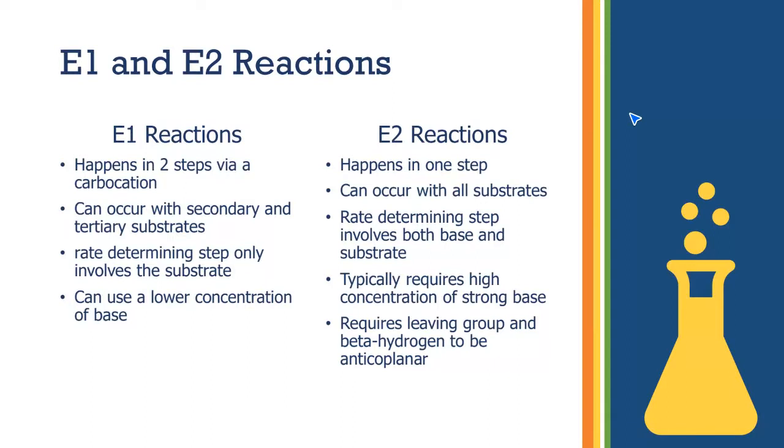E2 reactions will require a higher concentration of a strong base. And they require the leaving group and the beta hydrogen that are being eliminated to be anti-coplanar, which means that they're in the same plane, but they're opposite each other. So it's kind of similar to SN1 and SN2, but it's not as easy to tell which one will occur as with SN1 and SN2.